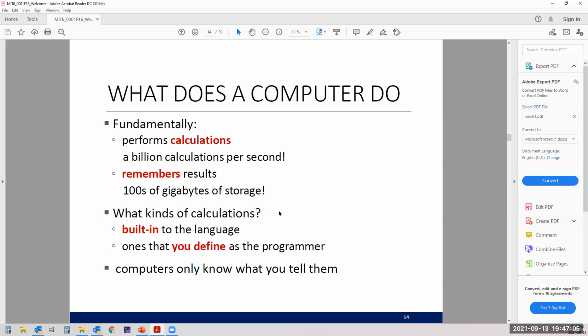Okay. So my definition of a program, since I was an undergrad, and I am always telling everybody, is this. What do we mean by a computer program?